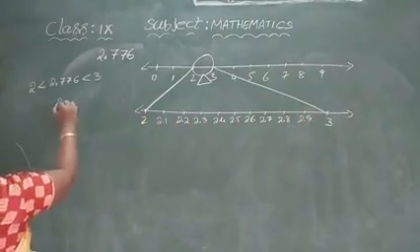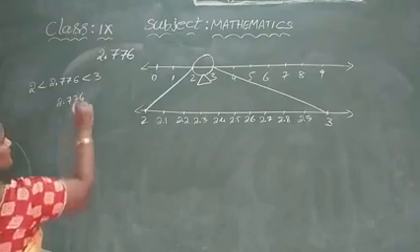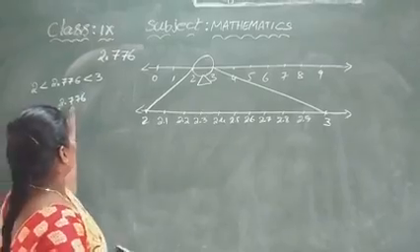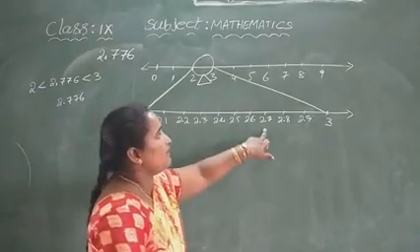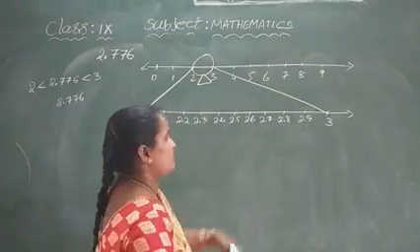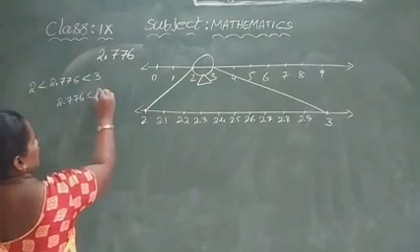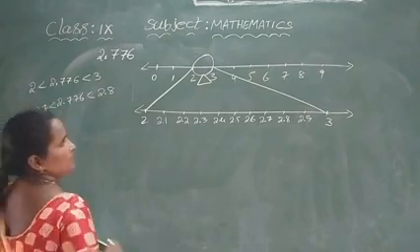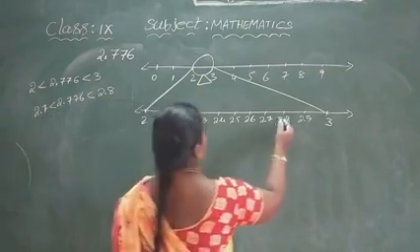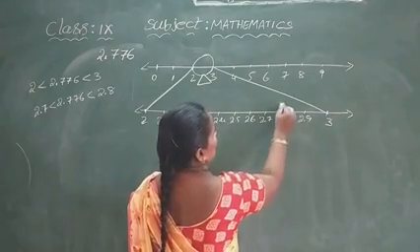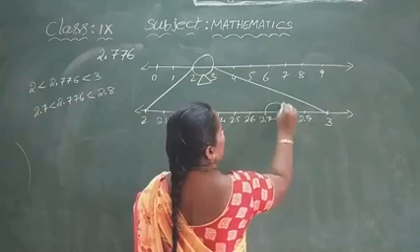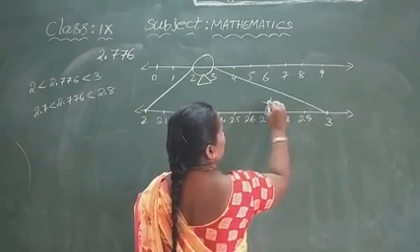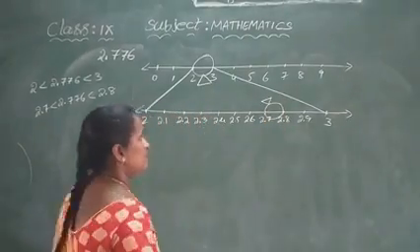Now see here, 2.776 is between 2.7 and 2.8. Okay? So now here we use the magnifying glass.